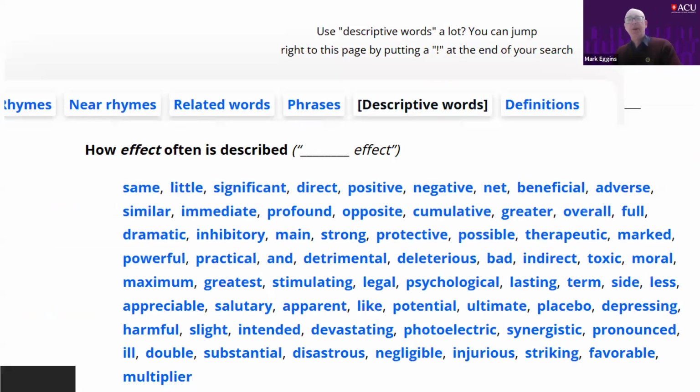And then you go to the bottom paragraph, and that will give you words that often go together with the word effect. So you might say the test had a significant negative effect on the students because they all failed.